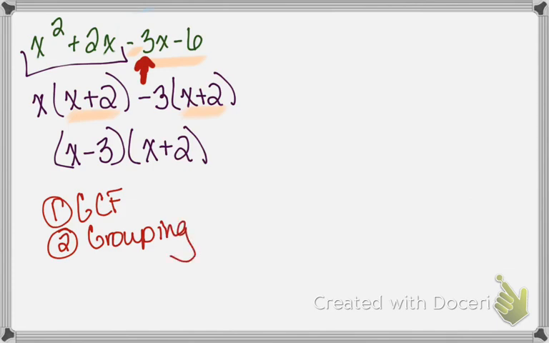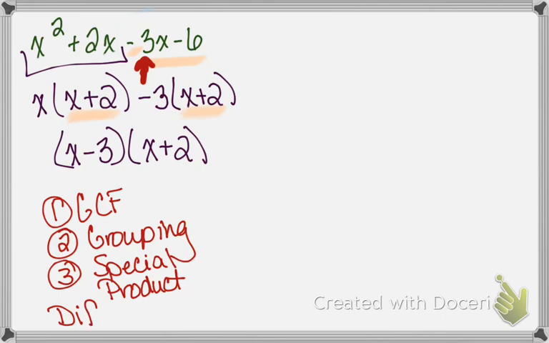Can I factor this by grouping? The third thing that I'm going to ask myself, is this a special product? Specifically, the special product that I'm talking about is difference of perfect squares.